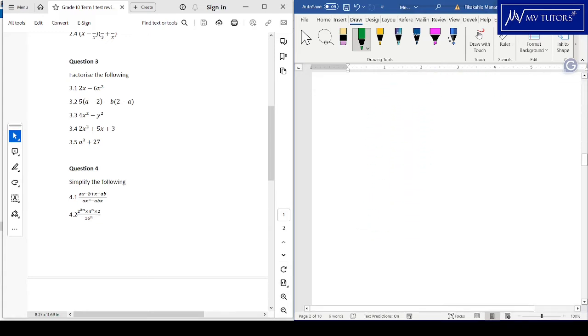Now let's look at the next question, which is 4.2. I have 2 to the power 2n times 4 to the power n times 2. This is all divided by 16 to the power n. Now, when it comes to these questions, exponents, you're always going to change the bases to products of prime factors.